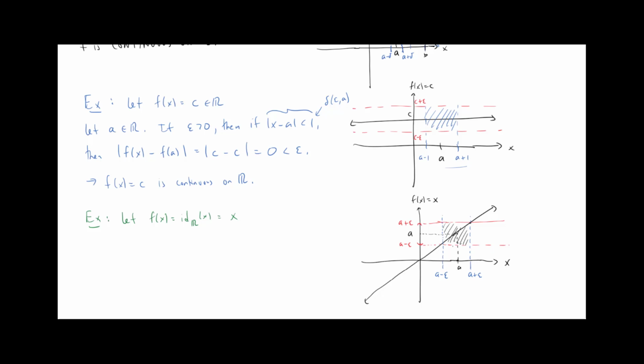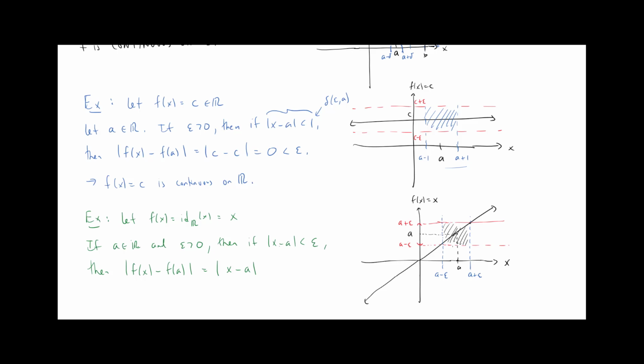All right, so let's write this down precisely. So if a is some real number, and epsilon is greater than 0, then if x and a are within epsilon of each other, then the difference between f of x and f of a equals, well, let's see, f of x is just x, and f of a is just a.